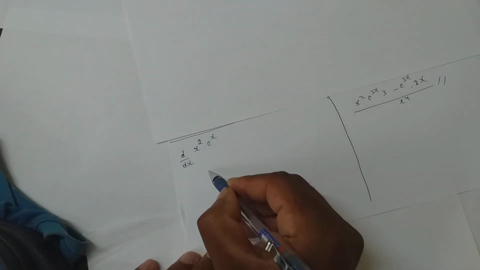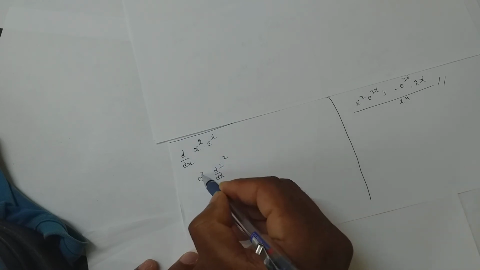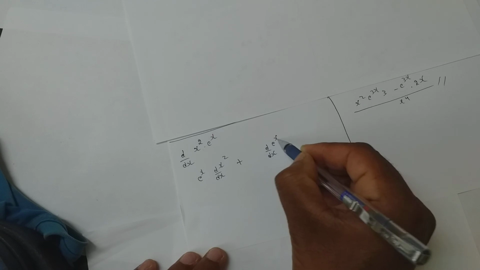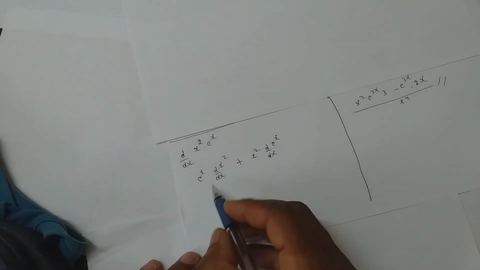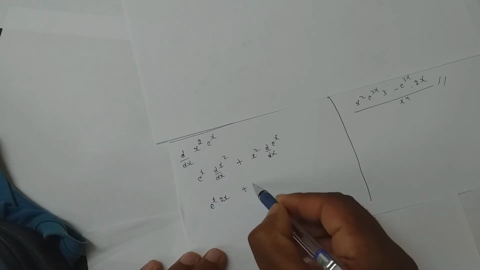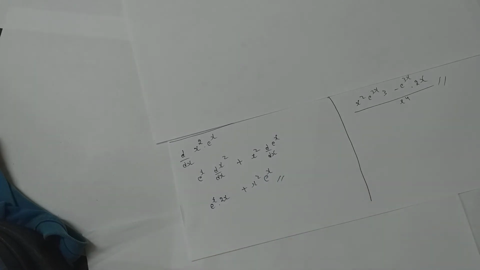So if I differentiate x square, e power x as it is, plus this time I differentiate e power x and x square as it is. My UV rule is done. So it is e power x, x square differentiation is 2x, plus x square into e power x differentiation is e power x. That's it, done.